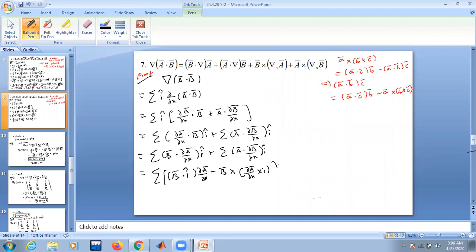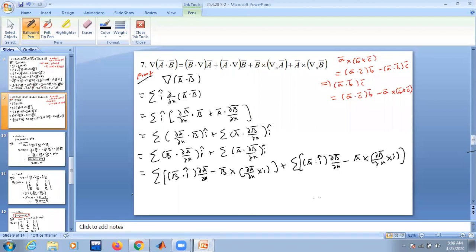In a similar way, plus Σ (A · i) ∂B/∂x minus A × (∂B/∂x × i).